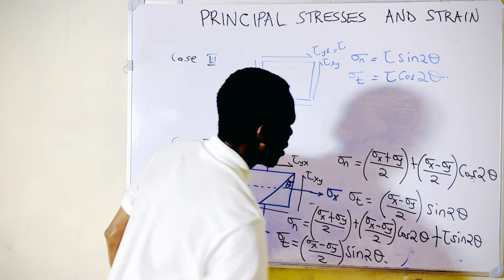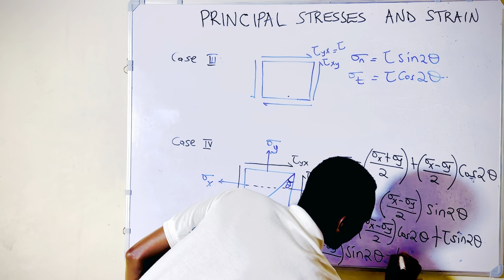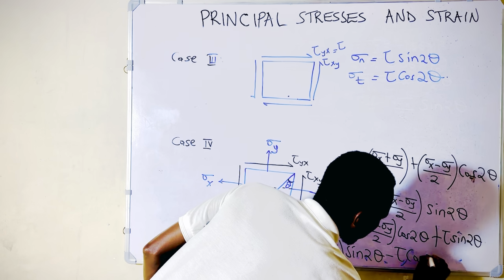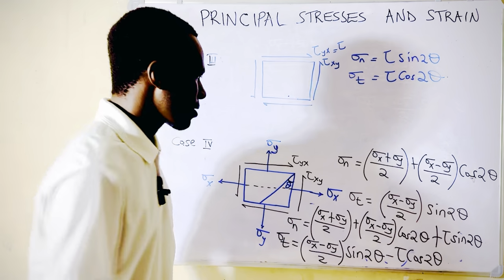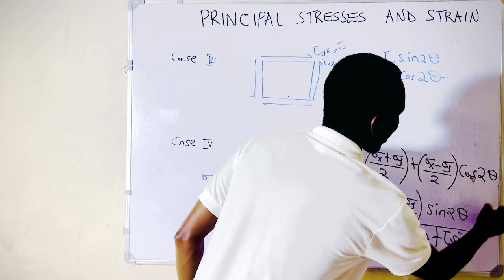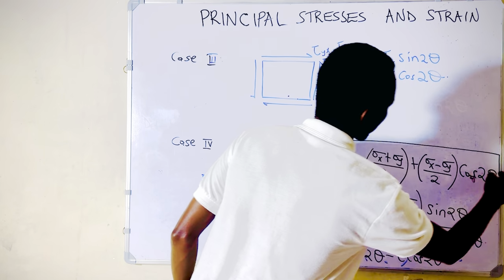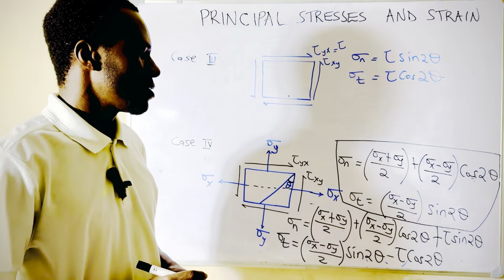Okay, and this one, in this case you don't have, but you subtract tau cos of 2 theta. So this is the fourth case. This one was for the third case. I just used it as a reference to write out the fourth case. Okay, so I believe you have got up to this point.